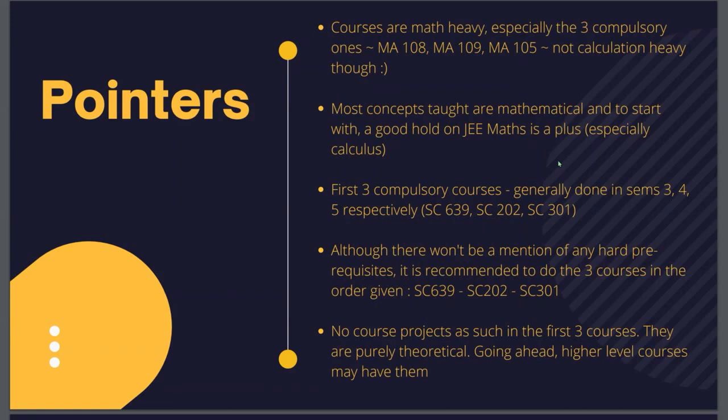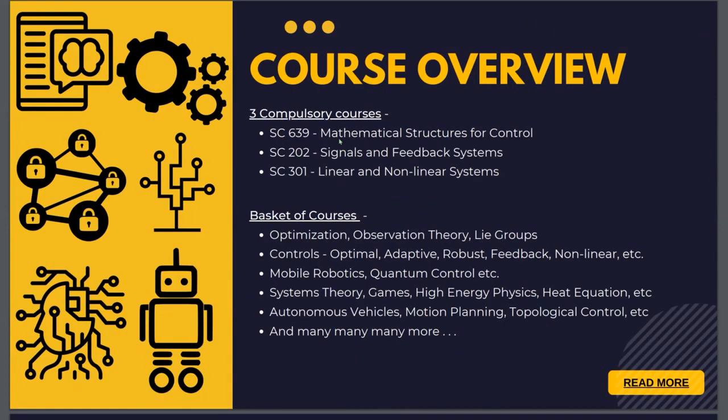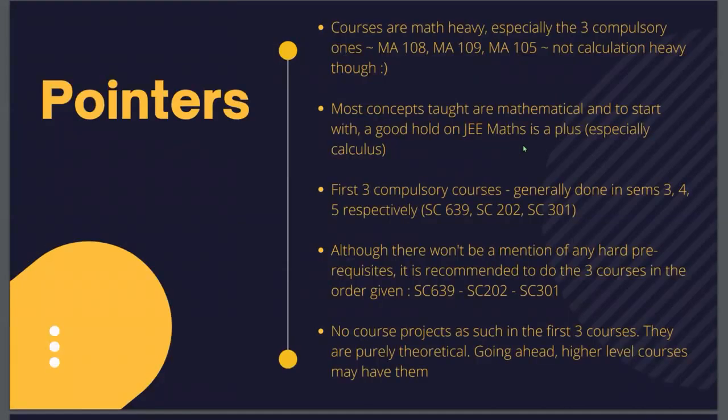But you need not worry about that, since the first course itself, ME 639, Mathematical Structures for Control, covers a decent amount of linear algebra, right from the basics to the sophisticated part of linear algebra, which you will be using ahead. You'll get to know that. But definitely, a good hold of this kind of math is a plus.